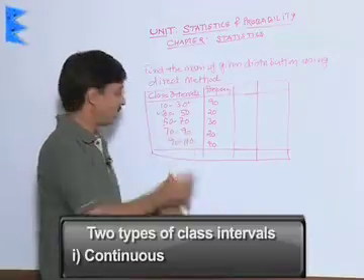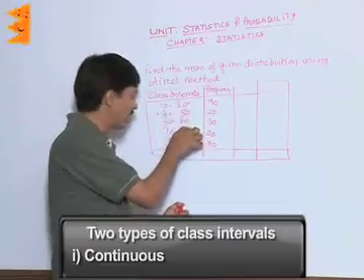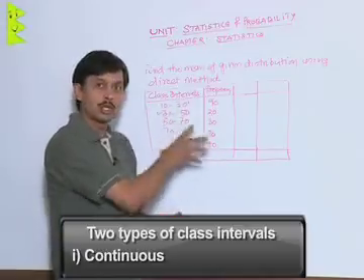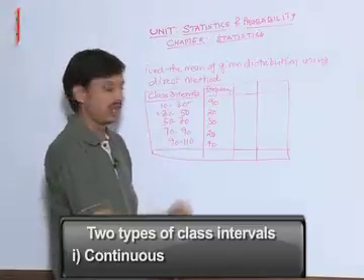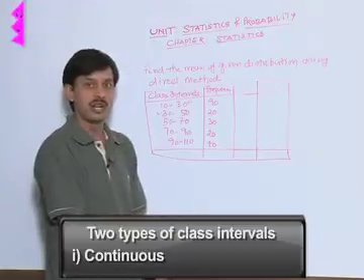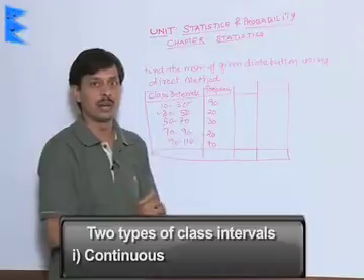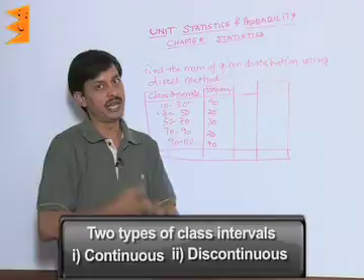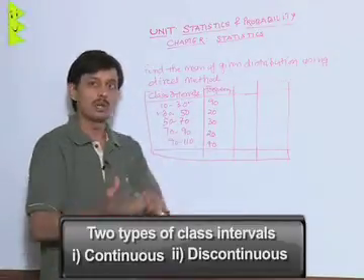It means the upper limit is not a member of that interval, it has to be a member of the other; this is known as exclusive. 90 is excluded here, 70 is excluded here, 50 is excluded here, 30 is excluded here, 110 is excluded here. So this is exclusive, or we can say continuous data. And if the upper and lower limits are not the same, that is known as discontinuous or inclusive data.